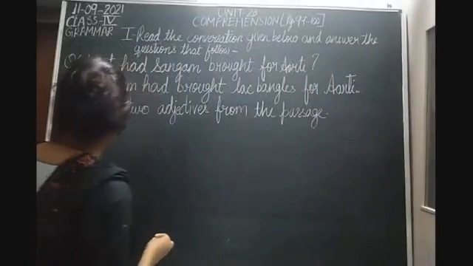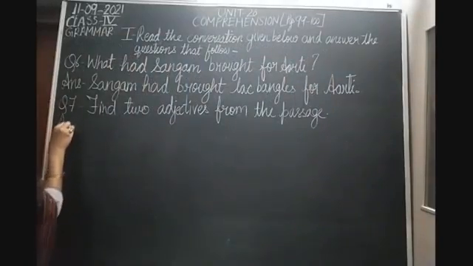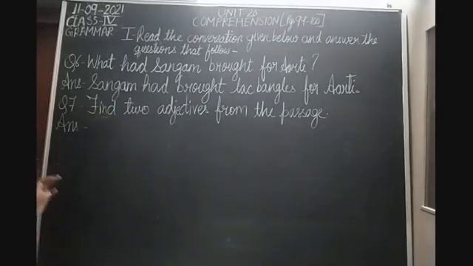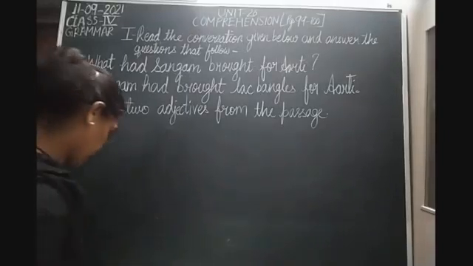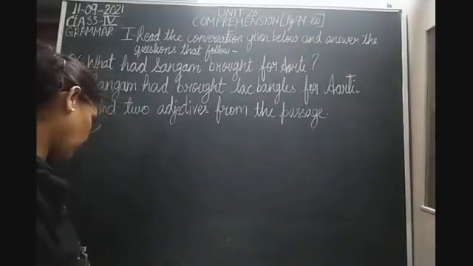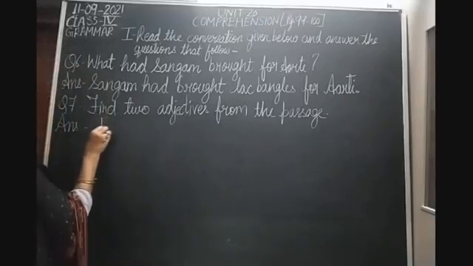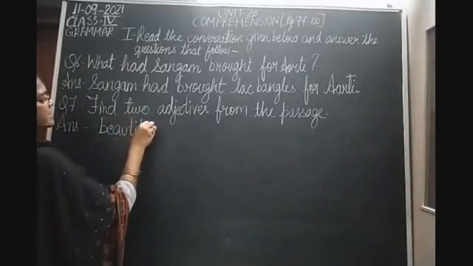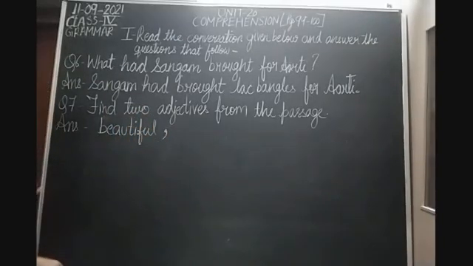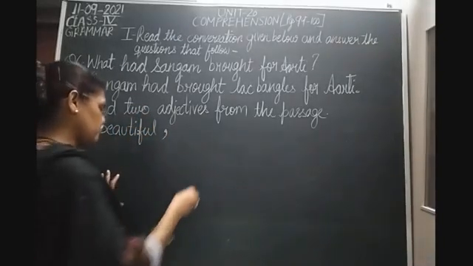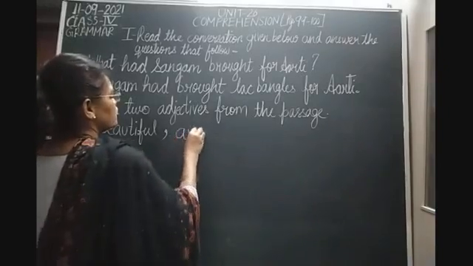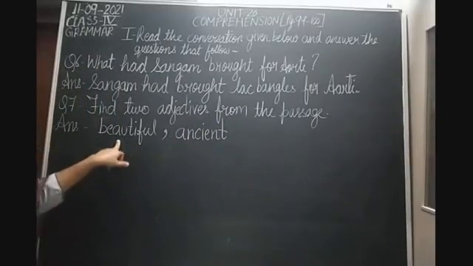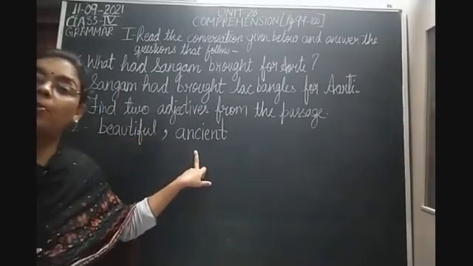Answer is: दो एडजेक्टिव्स पैसेज में से ढूंढने हैं. ठीक है? सो यू ऑल कैन सी ब्यूटिफुल सिटी. Beautiful, it describes the city. And the next adjective is ancient. Ancient weapons. Ancient, purani. Beautiful का opposite ugly, ancient का opposite modern.